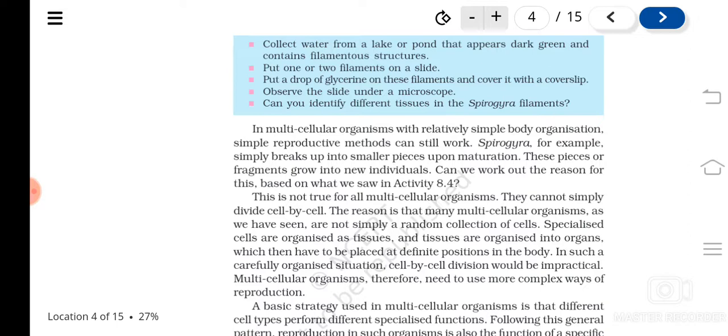Spirogyra, when it matures, breaks up into smaller pieces, and these pieces or fragments will grow into new individuals, isn't it? So this is fragmentation. But multicellular organisms cannot afford this kind of simple reproduction method. Why? Because they have cells aggregated to form tissues, aggregated to form organs and organ systems; likewise the body is well organized in them.